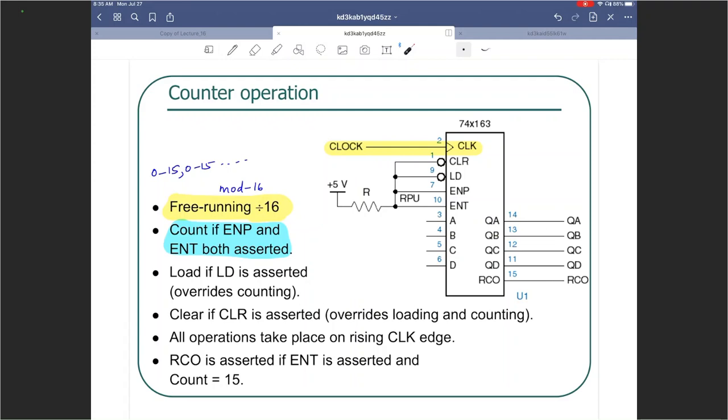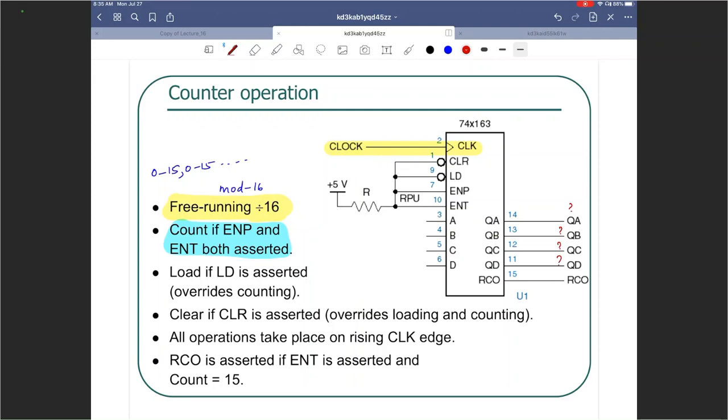Now I should point out one thing. What would happen if I connected this and I started the clock? Can you guys tell me this? So what would happen if I connected things just as I did right now? Can you guys tell me what will be QA, QB, QC, QD to begin with?